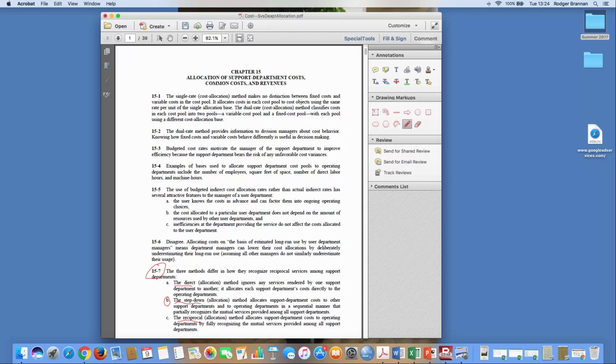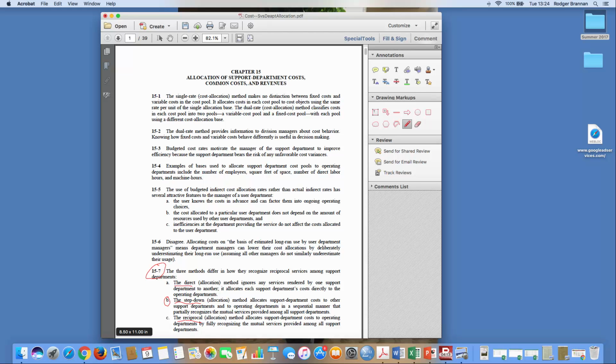It's, number one, seen as sort of a compromise between the two methods. The reciprocal method is, at least theoretically, a much more accurate way of doing it, but it's also a much more difficult and complicated way to allocate costs. Conversely, the direct method is very simple, but perhaps is a little less accurate in terms of the amount of cost that would be allocated.